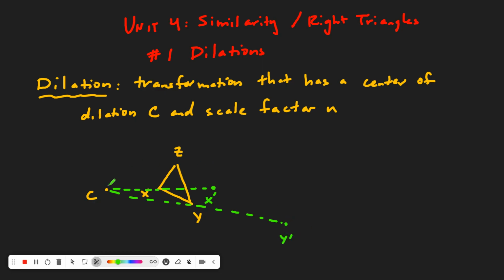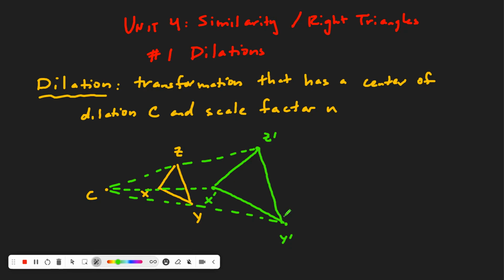If I connect C to Z, I'm going to double that distance. And there's Z prime. And if I connect these 3 points, 1, 2, 3, there is my dilated figure. Okay, so a dilation is this idea of taking an original preimage and either enlarging or reducing it.